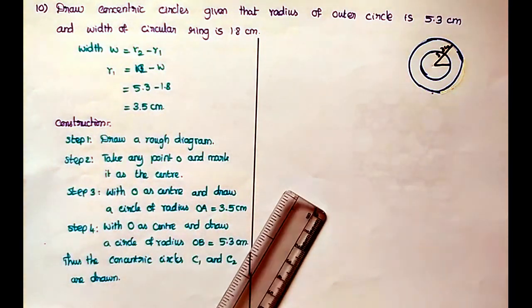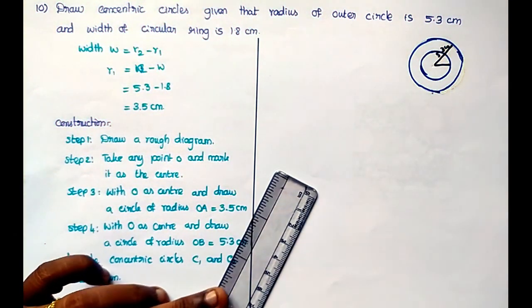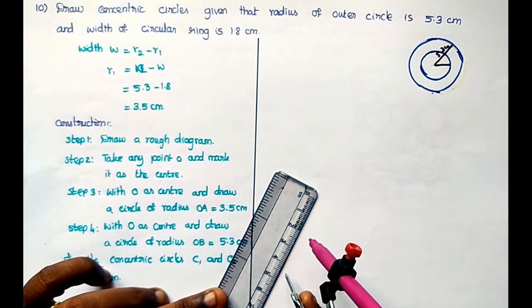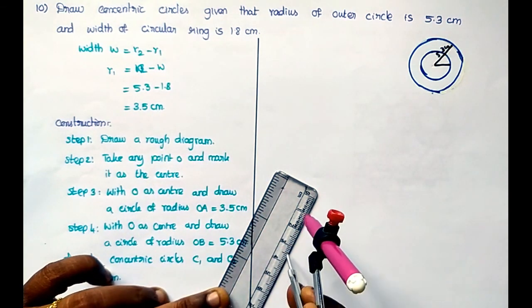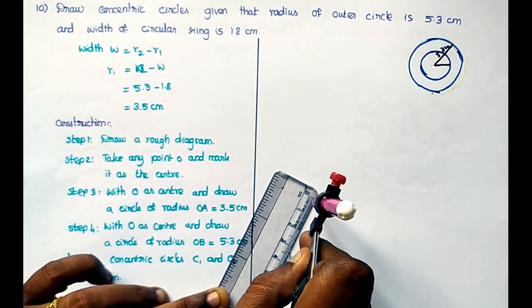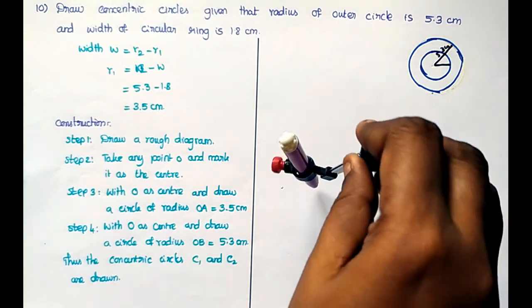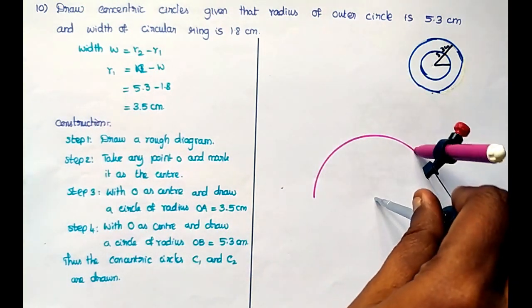Now we can draw the concentric circle. First take 3.5 centimeter as R1 radius and draw a circle.